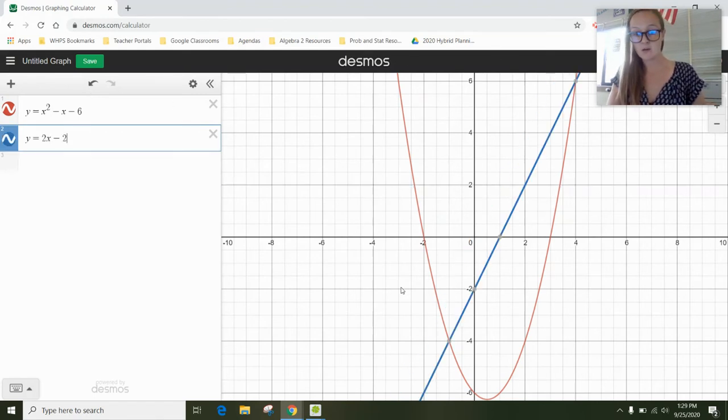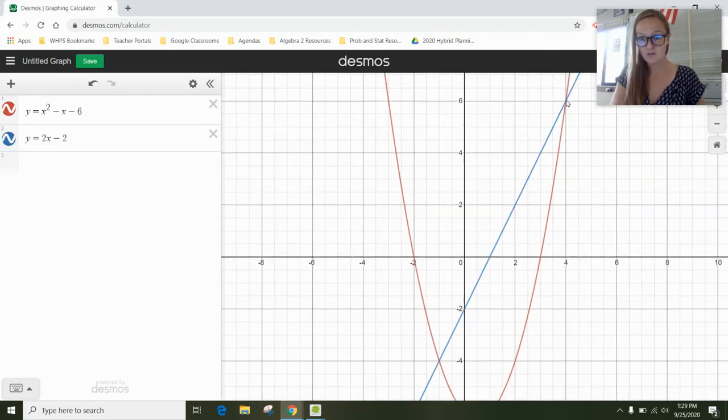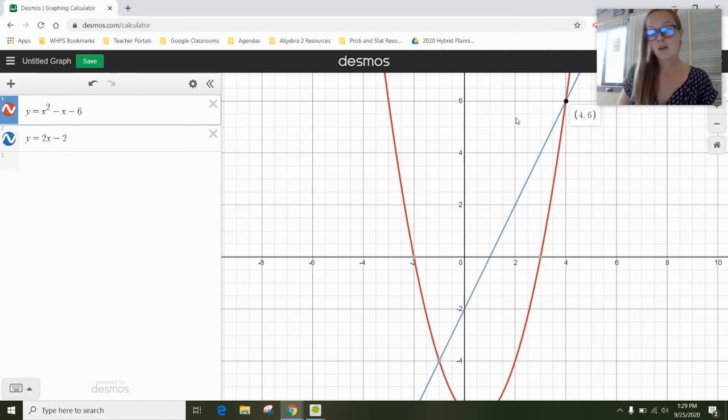Notice I have my linear line and I have my quadratic. So here's 1 point, -1, -4. And here's another one, 4, 6. So that verifies graphically that I was correct in my algebraic solution. Having a visual sometimes solidifies that it makes sense.